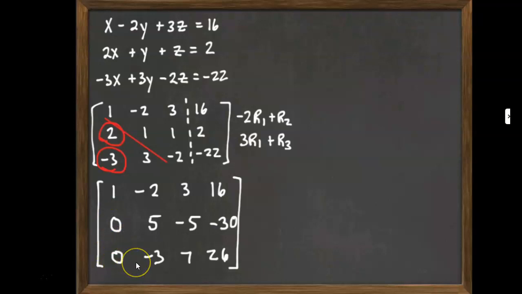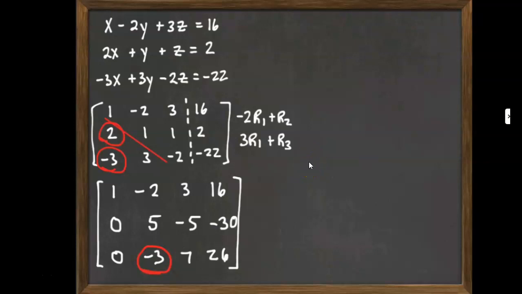Now that means to continue now, we need to get rid of this last thing here in our diagonal, this last place, and that's the minus 3. Now unfortunately we can't use row 1 anymore because using it again will just undo the zeroing out that we've already done. So we're kind of reduced now to just looking at these rows 2 and 3.